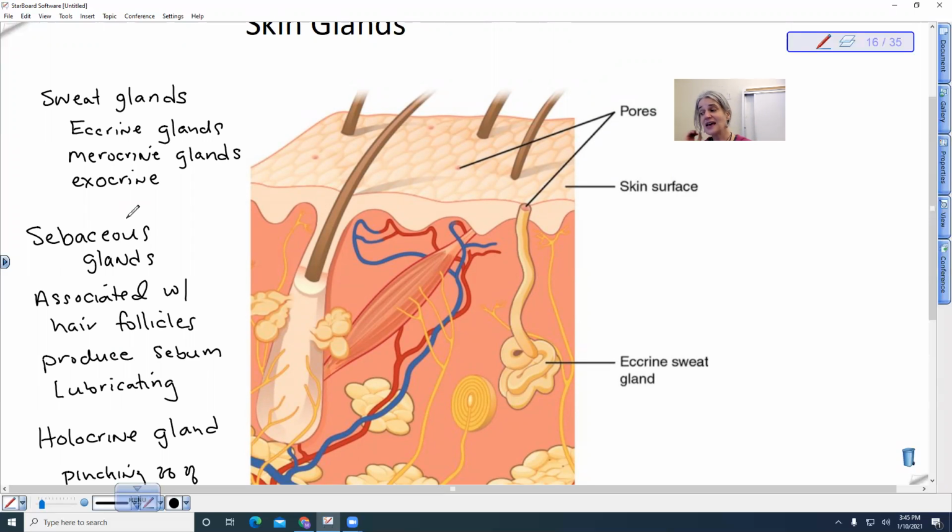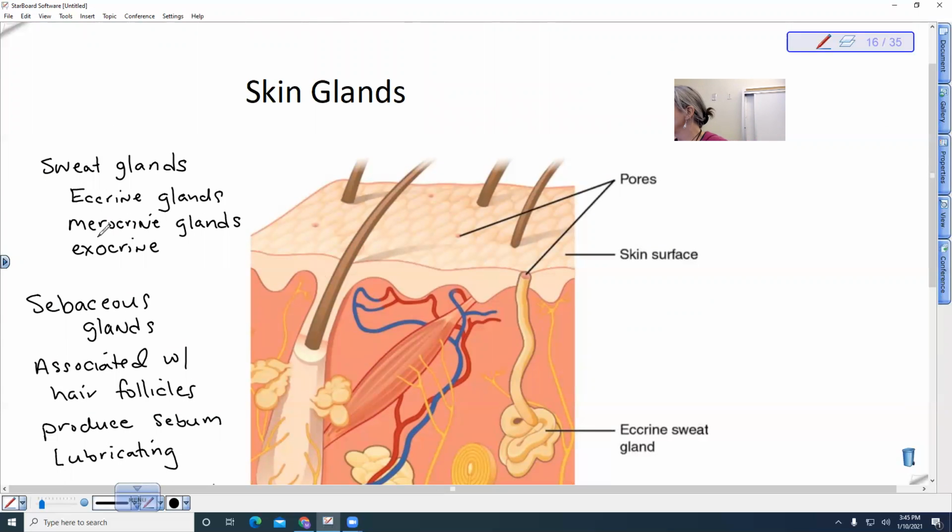The sebaceous glands are anywhere we have hair, and we have hair follicles over a lot of the body. But we have another type of gland, which is actually not shown in this diagram, which is referred to as an apocrine gland. So this is another type of gland. So notice that it has crine in it. So apocrine is as opposed to merocrine, as opposed to holocrine.